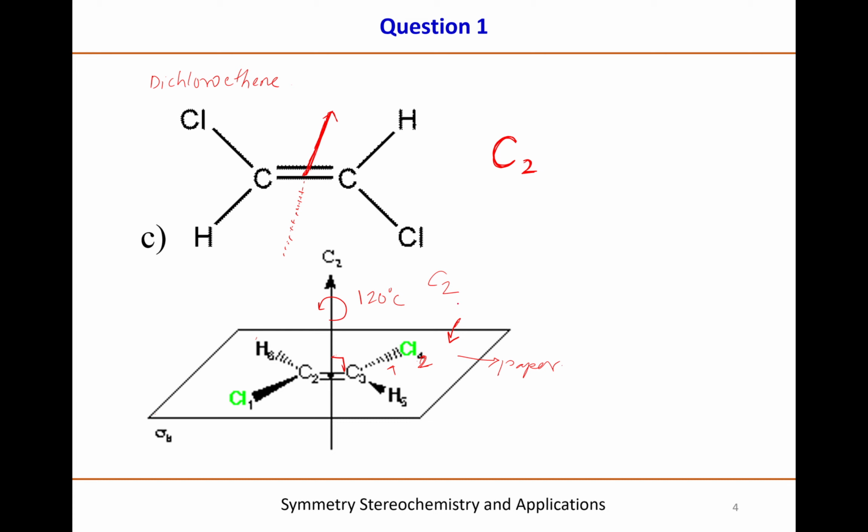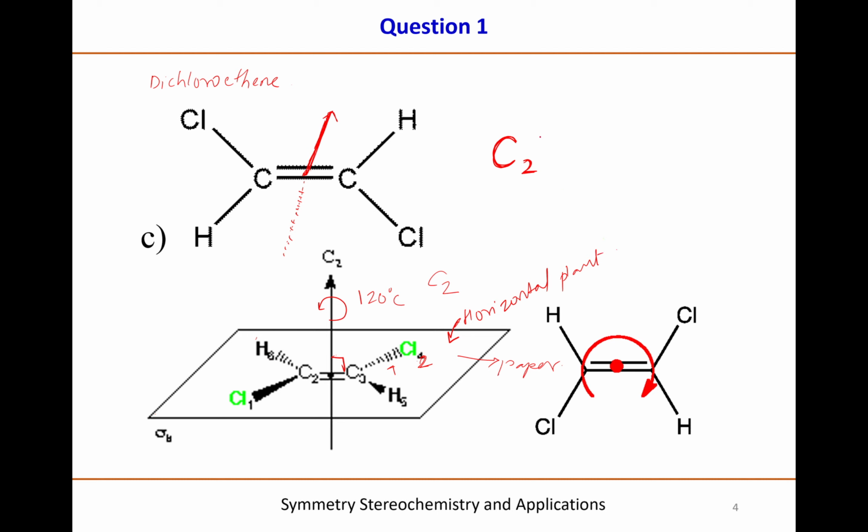Okay, and this plane is perpendicular to the C2 axis, so that means we will consider it a horizontal plane. Right, horizontal plane.